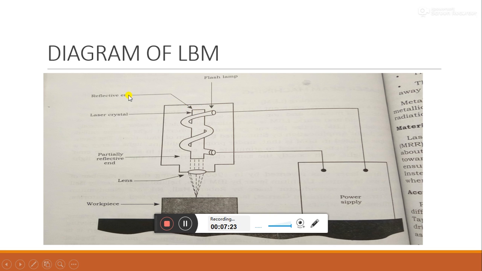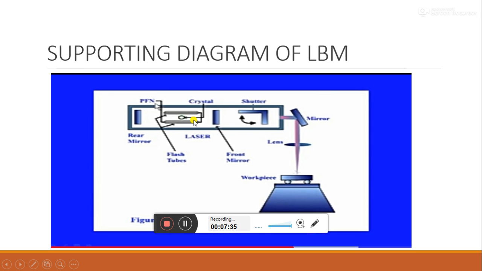It is written as reflective end, meaning only reflection takes place, and the laser beam is being amplified. After that, the laser beam is given out through a partially reflecting region, and it is here.